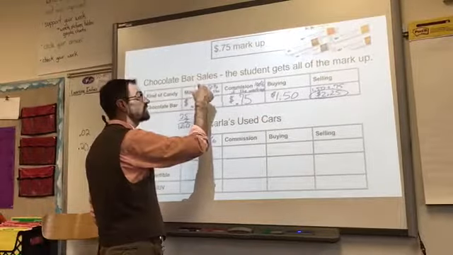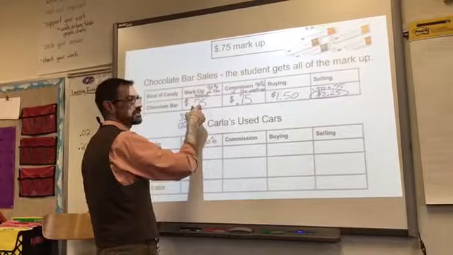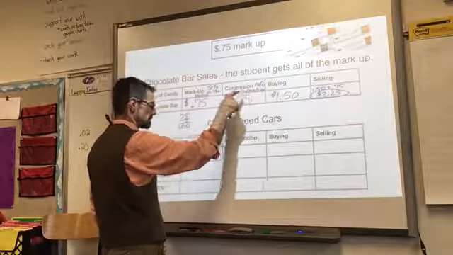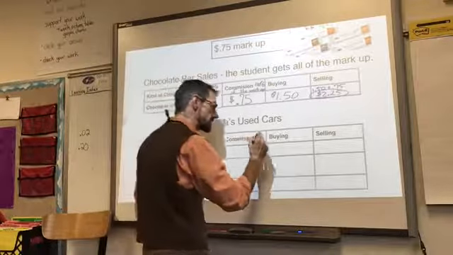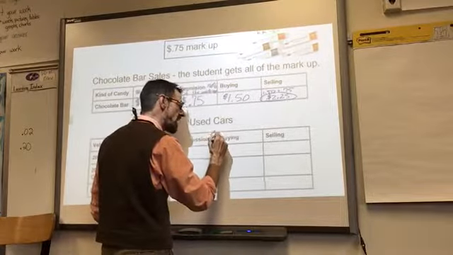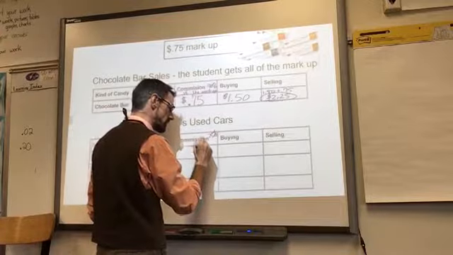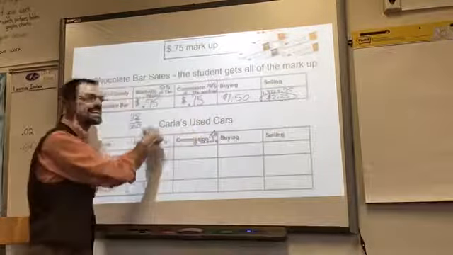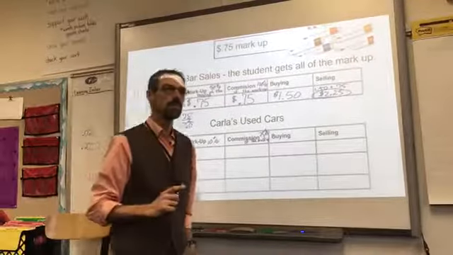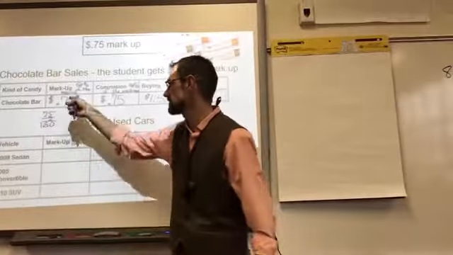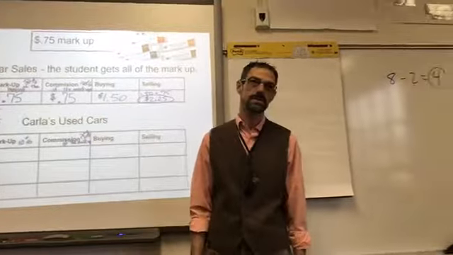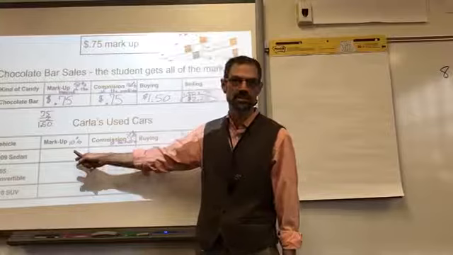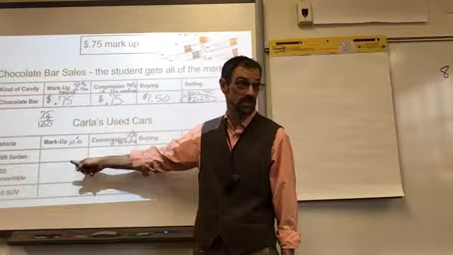Here the markup was 50%. So he charges 75 cents because it cost him $1.50. He makes 25% of the markup. So he doesn't get 100% like Ben. Ben got 100% of that 75 cents. Here, he's only going to get 25% of whatever the markup was.